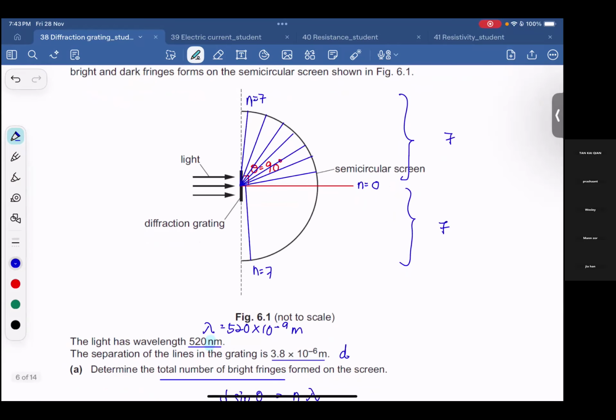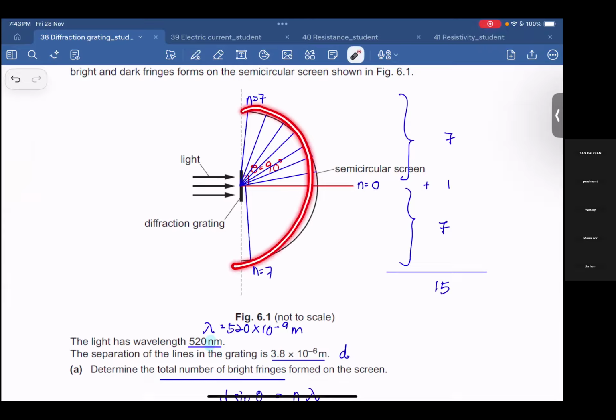But why I say our answer is not yet correct is because don't forget n equals 0 is also a bright dot, the center bright dot. So here, plus 1 more for the center. What is the total number of bright dots you can observe along this semicircular screen? It's actually 15.